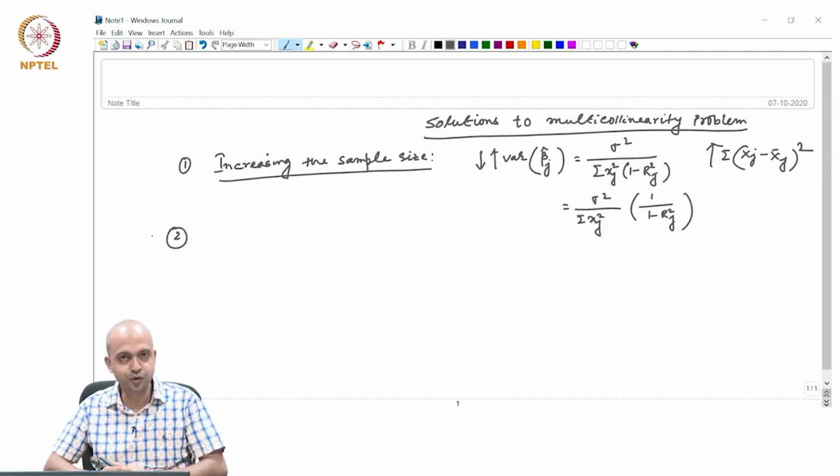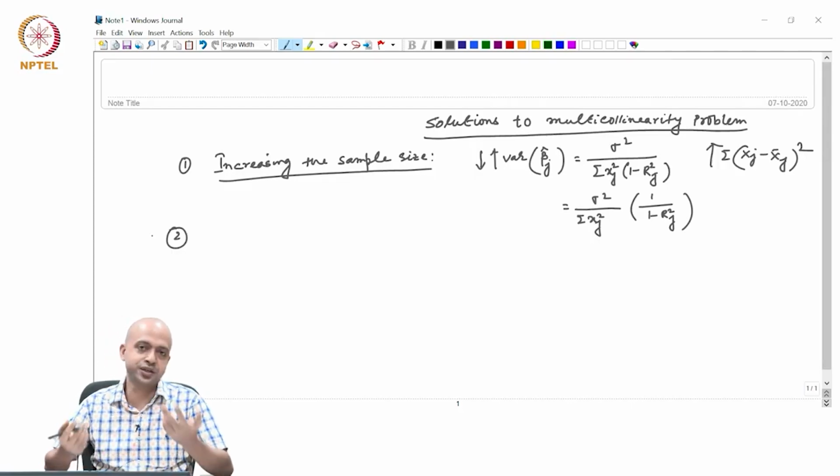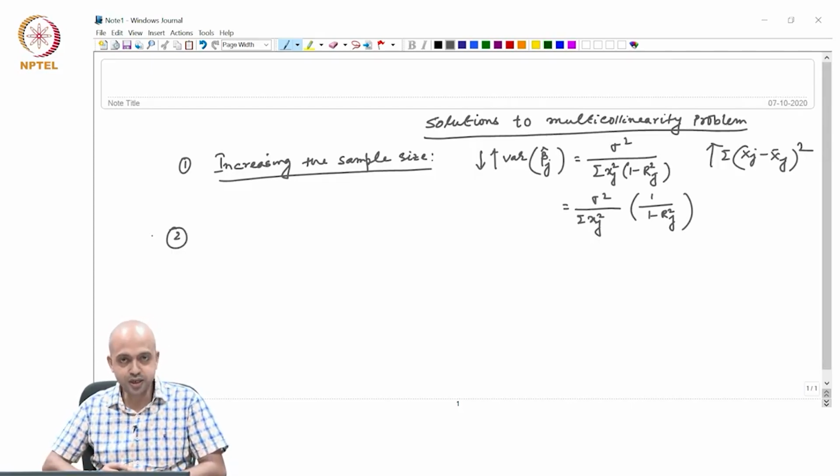Otherwise, we would have stopped our discussion here at increasing the sample size, because increasing the sample size also has its own cost. It is not always possible to collect a bigger sample without involving so much time, energy, even monetary costs.